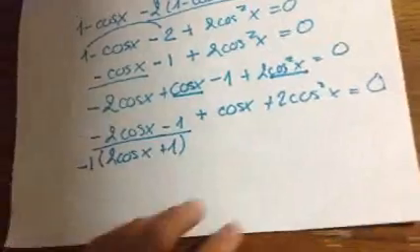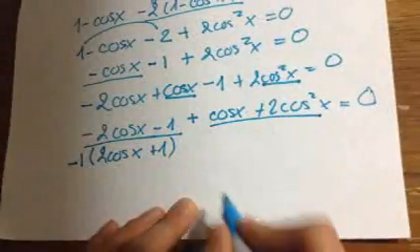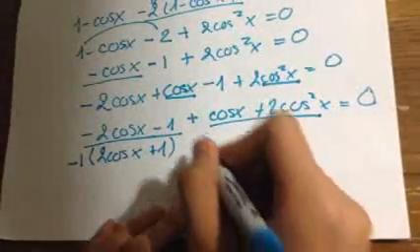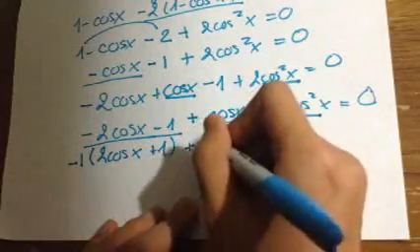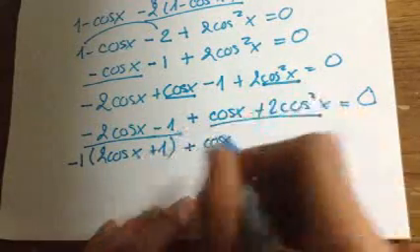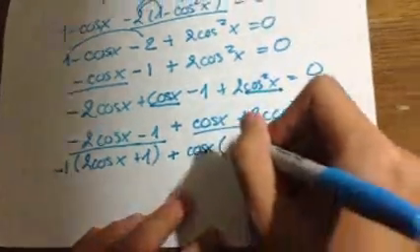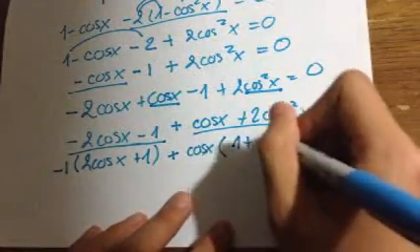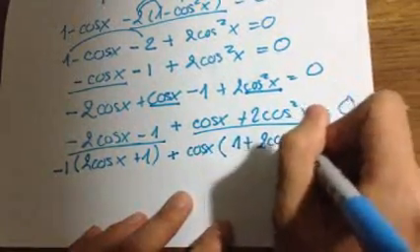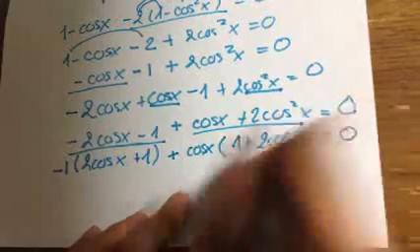The other part, we take out cosine of x, so inside we only have 1 plus 2 cosine of x.